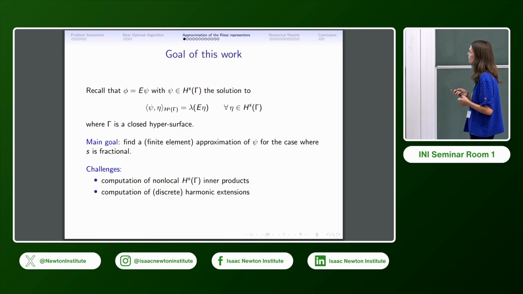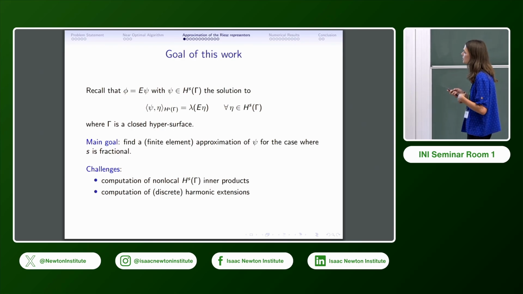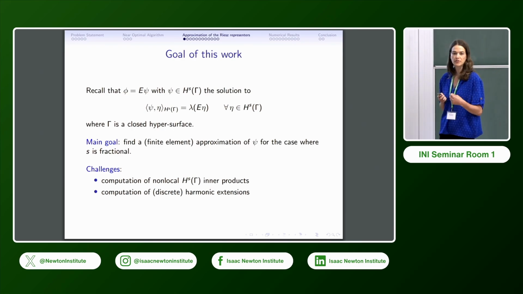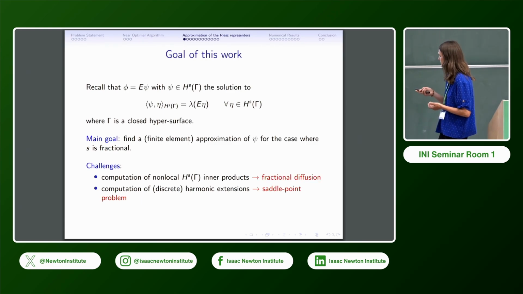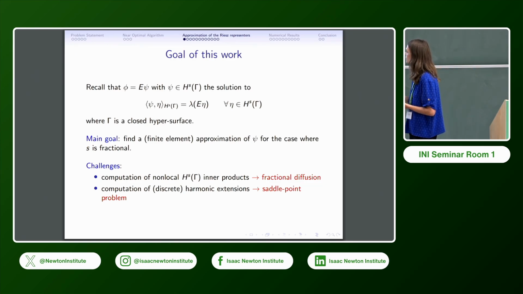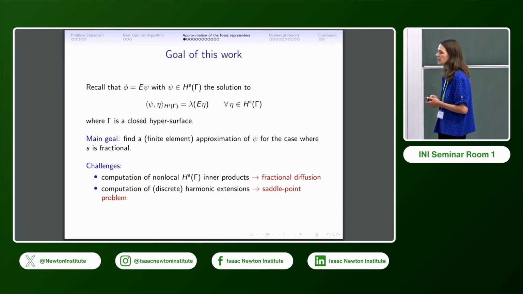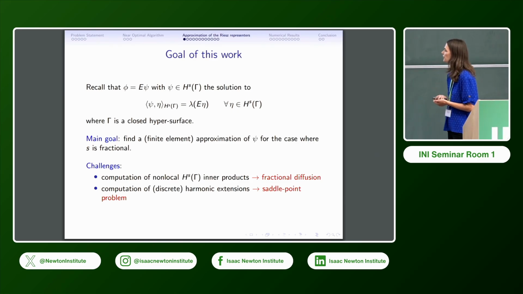And the other issue is that we will actually have to compute the discrete harmonic extension of every single basis function in the space. And so I will mostly talk about this first part here, how we can actually circumvent the fact of computing the HS inner product, and then also mention briefly how we can deal with this issue here, which was also mentioned earlier today.